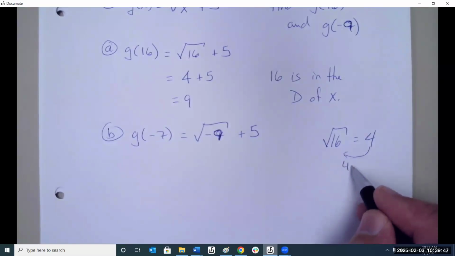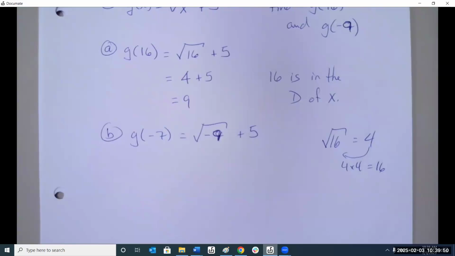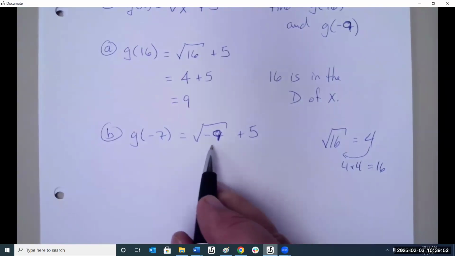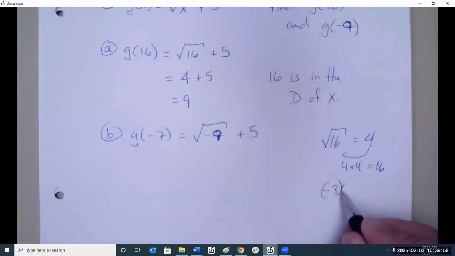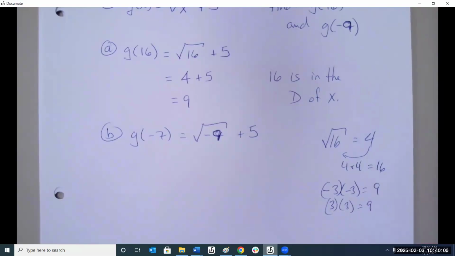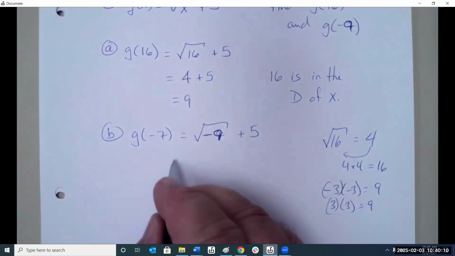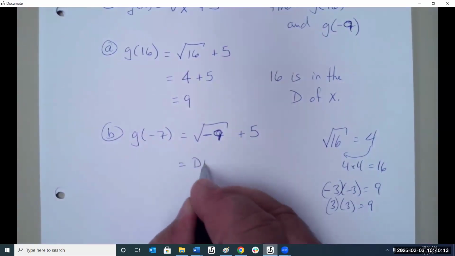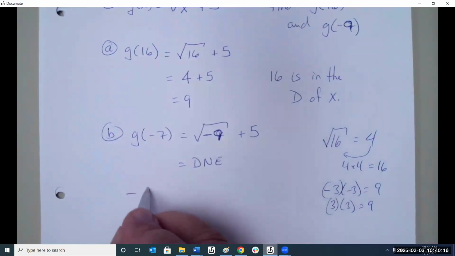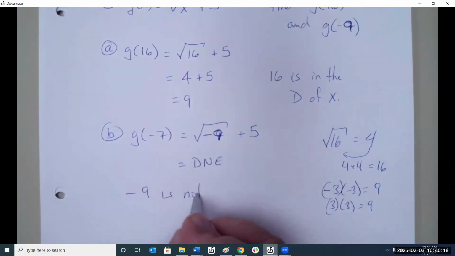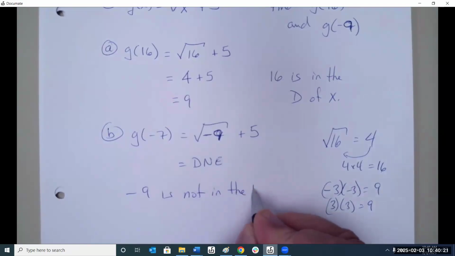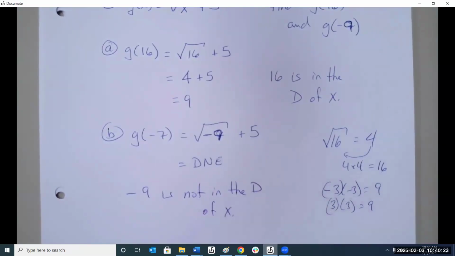Because the same number, 4 times 4 equals 16. Can you do the same thing with negative 9? No, because negative 3 times negative 3 would equal positive 9, and positive 3 times positive 3 is positive 9. So you cannot take a negative inside a radical. So it does not exist. Negative 9 is not in the domain of x.